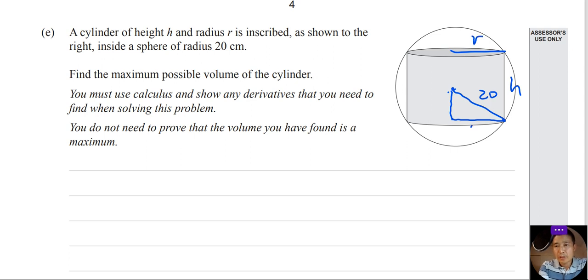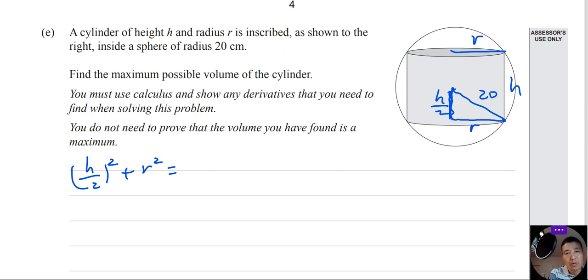Then obviously this is r, and that height must be half of h, because it's the center. So I can build a relationship using Pythagoras theorem: h over 2 squared plus r squared is 20 squared, which is 400.